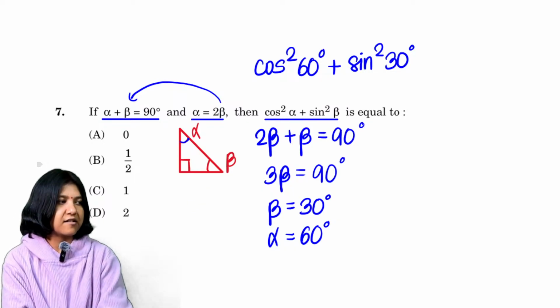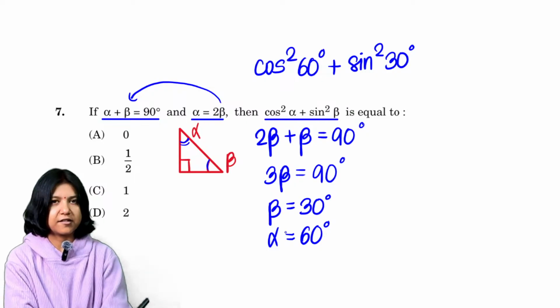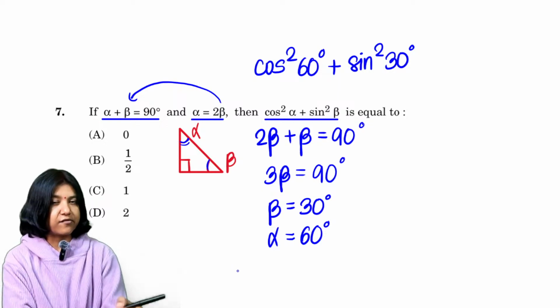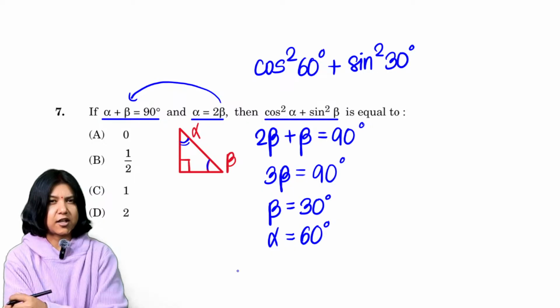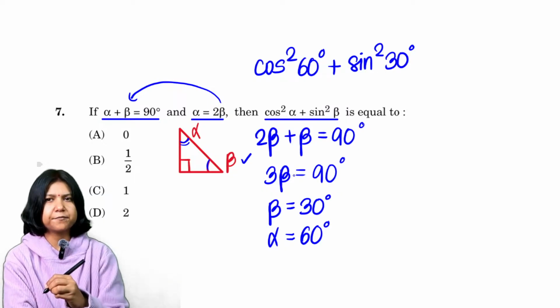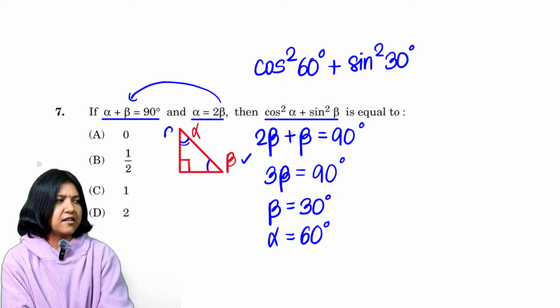As I said, this is 30, then out here alpha is 60, so this has to be 60 degrees, and this is the smaller angle, 30 degrees. The logic why cos 60 and sine 30 have to be the same is very much connected to the diagram. With respect to the angle beta here, I can say that this is the perpendicular and this is the hypotenuse.